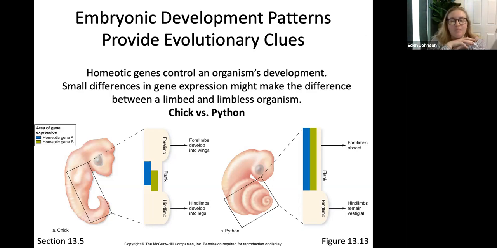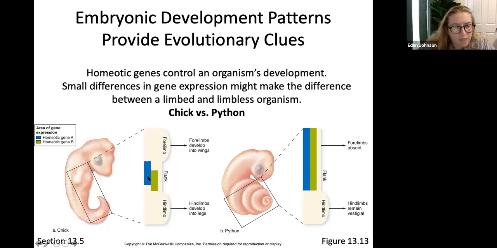Okay. So we have homeotic genes that control an organism's development, and you can have small differences in the gene expression that can make huge differences to overall body plan. So here's a chick, and here is a python, okay? Embryos of little chicks and embryos of little pythons. And what I want you to notice are the areas of expression.